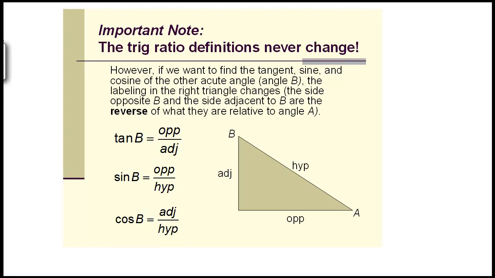Important note: the trig ratio definitions never change. However, if we want to find the tangent, sine, and cosine of other acute angles, such as angle B, the labeling in the right triangle changes.